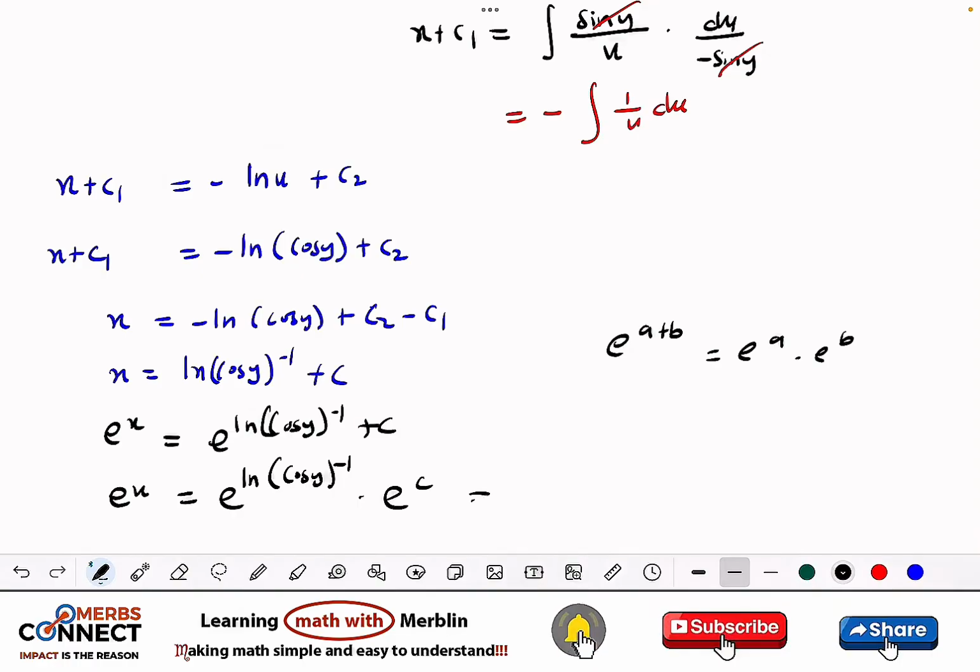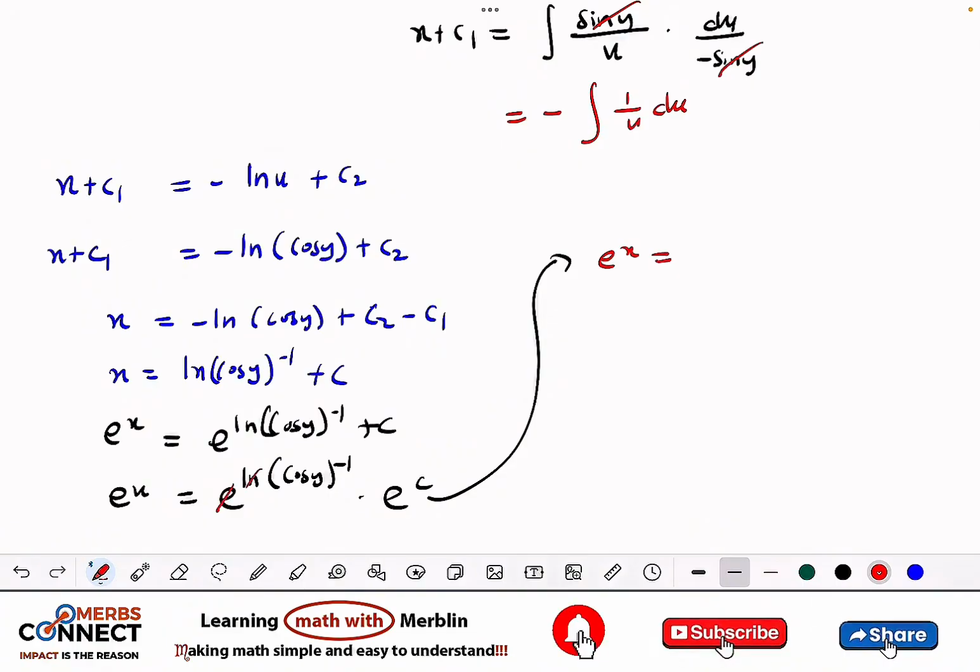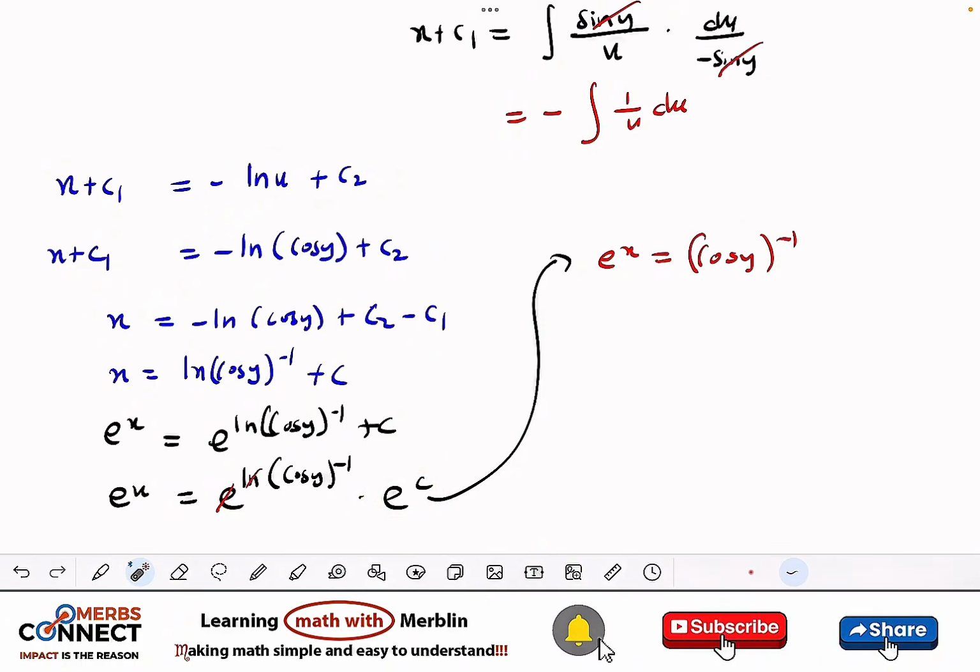So this implies that this moves up here, and then we have e to the power x is equal to, now this will cancel that. So basically we are going to have cos y to the power minus 1, and then e to the power c, we know that this is a constant, so e to the power c is also a constant.